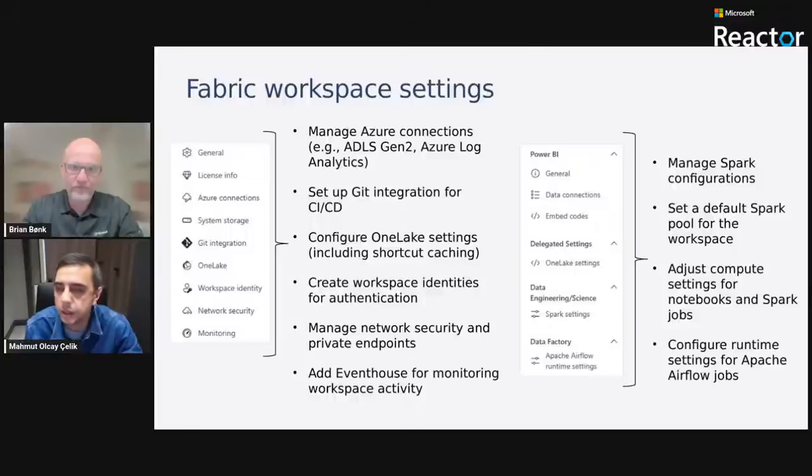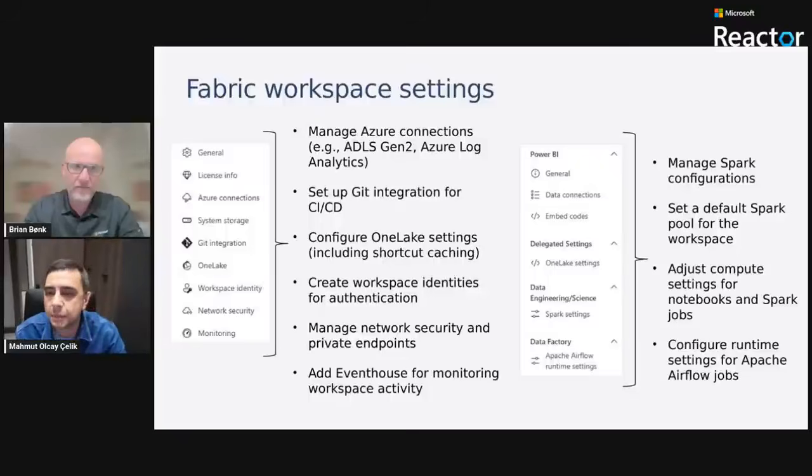Once you're here, you can control things like Azure connections. You can set up Git integrations. Also, you can configure OneLake settings as well. And also, you can create workspace identities for authentication, like network security, private endpoints, and also add monitoring for real-time monitoring to event houses to monitor workspace activity as well.